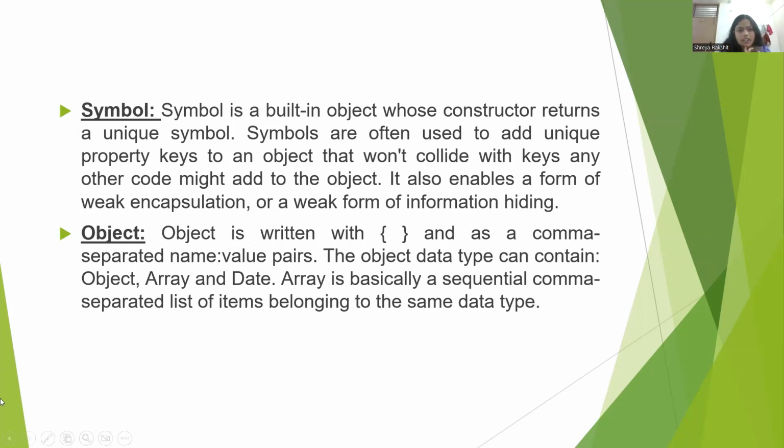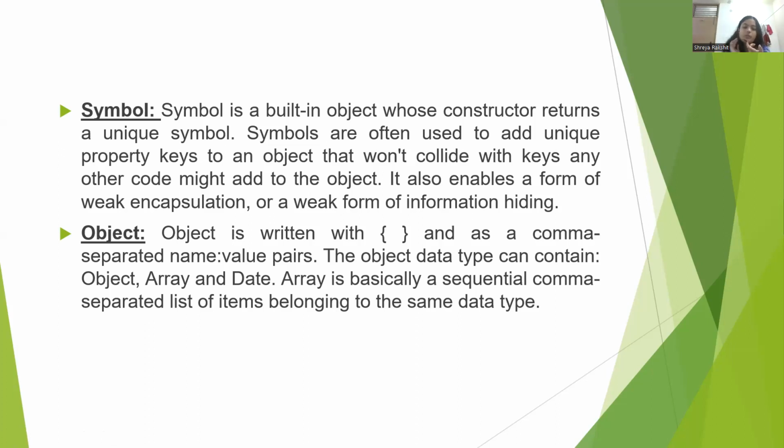The next is symbol. It is not very much used, but it is a built-in object whose constructor returns a unique symbol. It is basically used to create a specific symbol for an object, and it also helps to promote information hiding, that means data encapsulation. The last one is object.